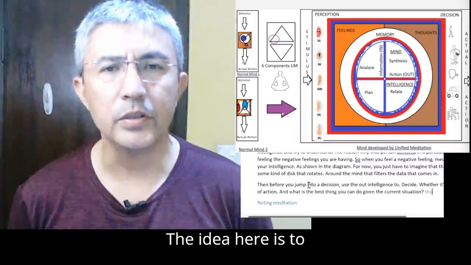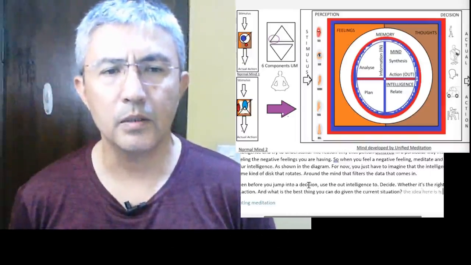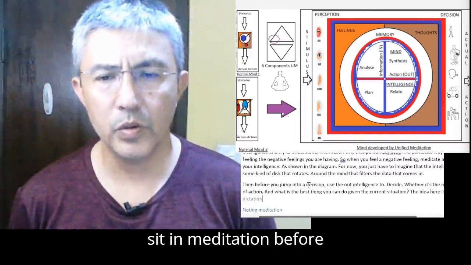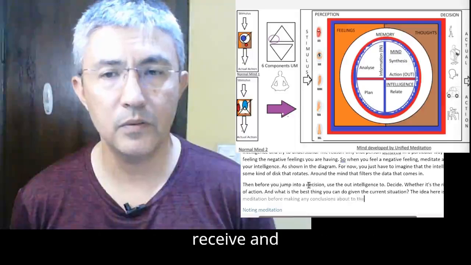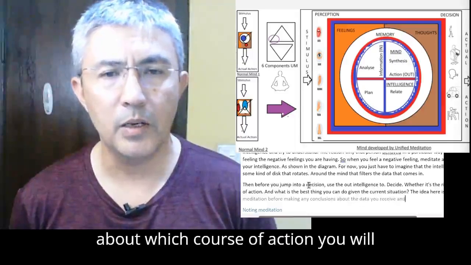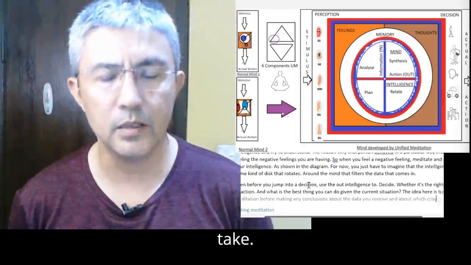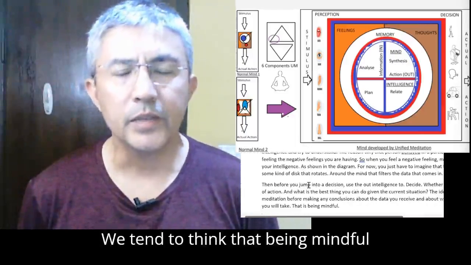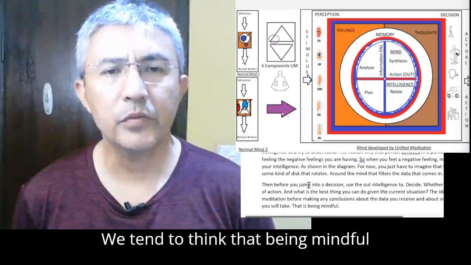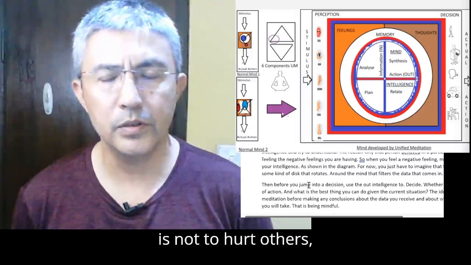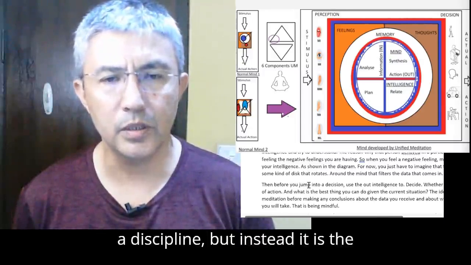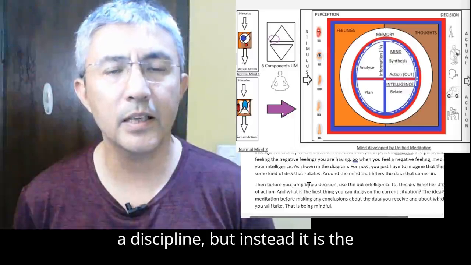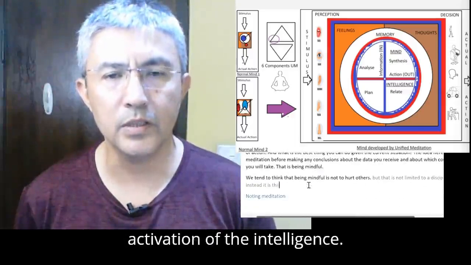The idea here is to sit in meditation before making any conclusions about the data you receive and about which course of action you will take. That is being mindful. We tend to think that being mindful is not to hurt others, but that is not limited to a discipline, but instead it is the activation of the intelligence.